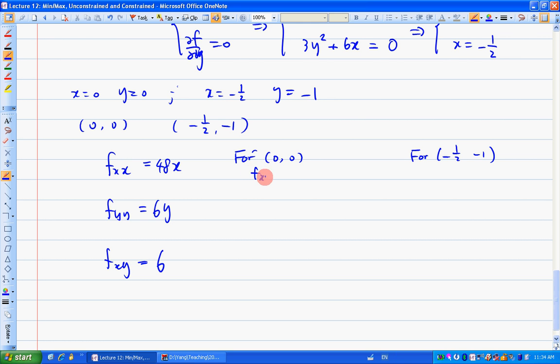So f_xx will be 0 for the first point, and for the second one, you substitute negative 1/2, and it's equal to negative 24.